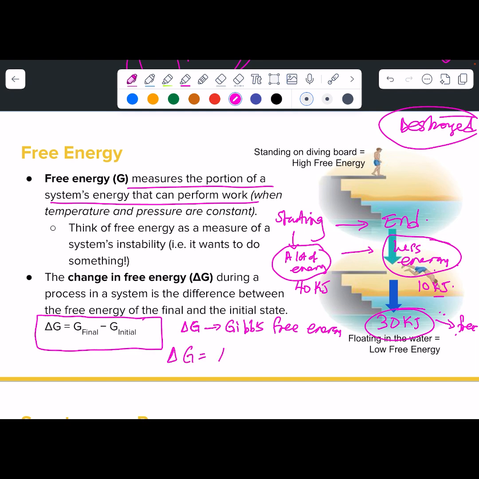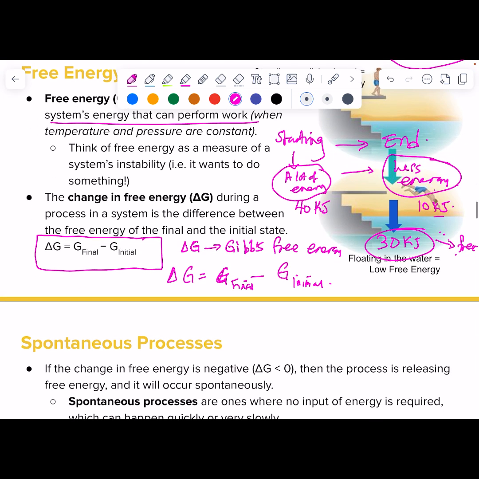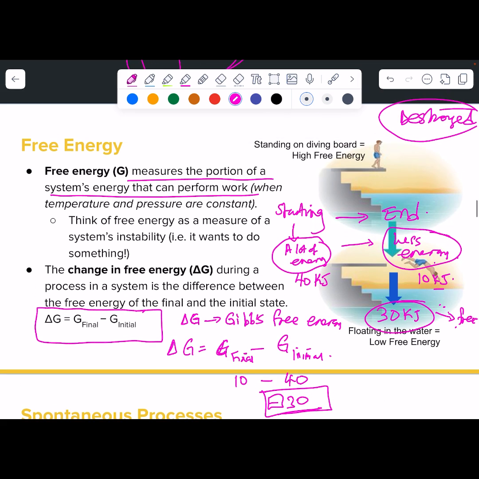Just calculate the Gibbs energy at the end, or G final, minus the one you had in the beginning. So if the answer is negative, because if the final is a small number and the initial is a big number, of course the difference is going to be negative. So the moment the final answer is negative, then you know that that reaction proceeds by giving off energy.